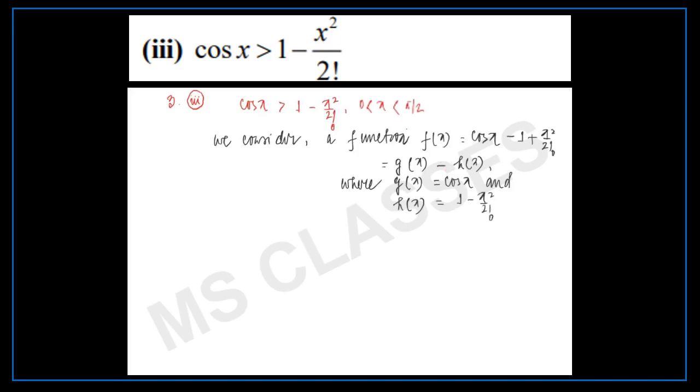Now since cos x and these are both differentiable functions, that is g(x) and h(x), both differentiable functions.